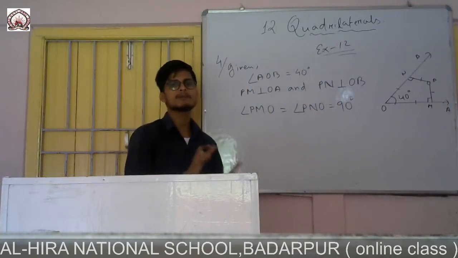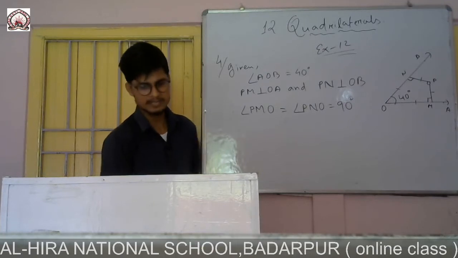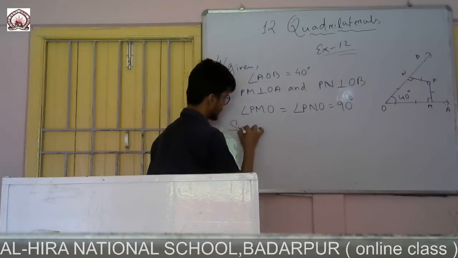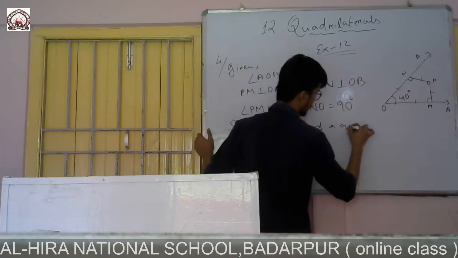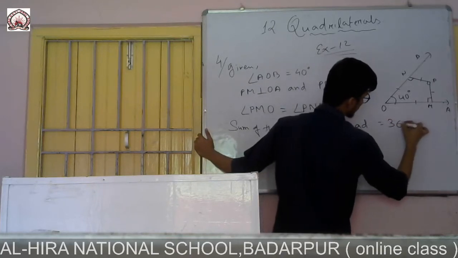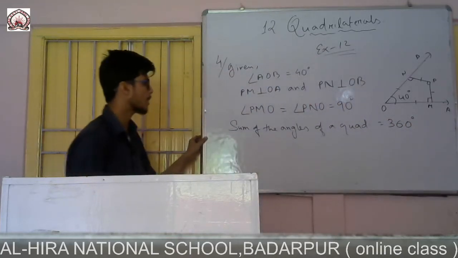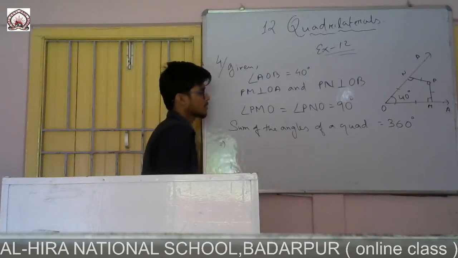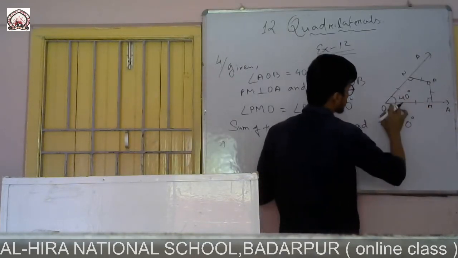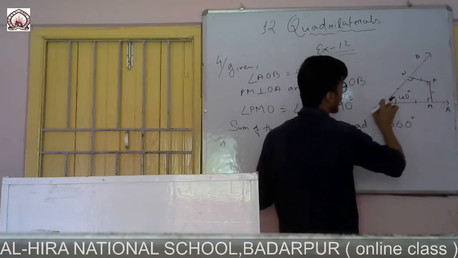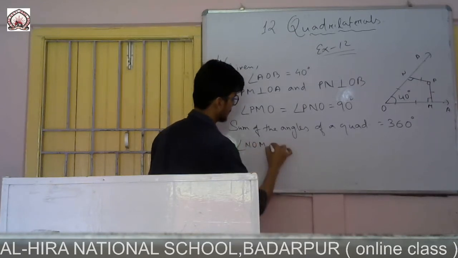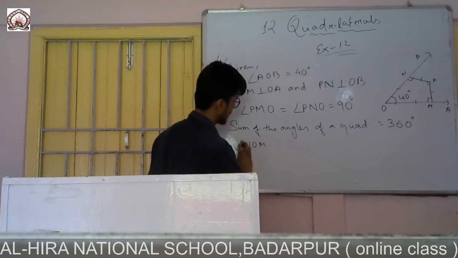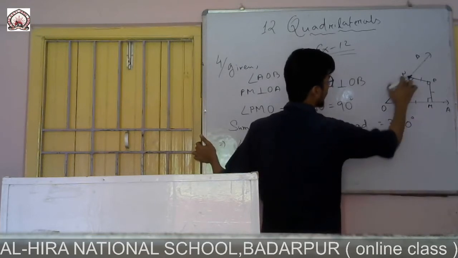We know that the sum of the angles of a quadrilateral is equal to 360 degrees. So here I will write it one by one. First angle MON, that means this angle.